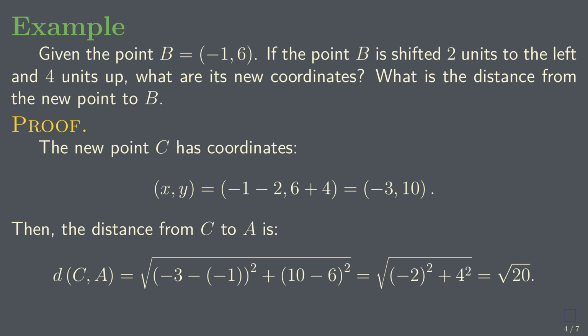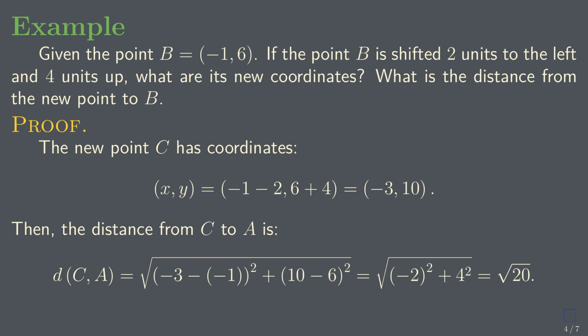For example, in this case we shift 2 units to the left, so here we have to consider minus 2, and in the previous example, when we shift 4 units to the right, the sign is plus. But because in the final formula we take the square of all of these quantities, if we shift 2 units to the left, it becomes minus 2 squared.